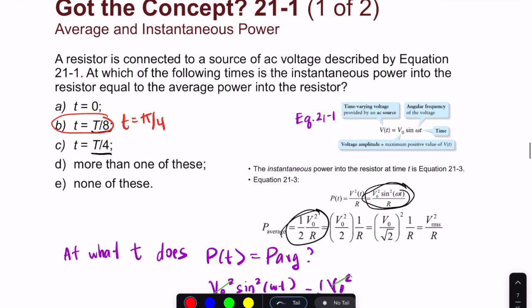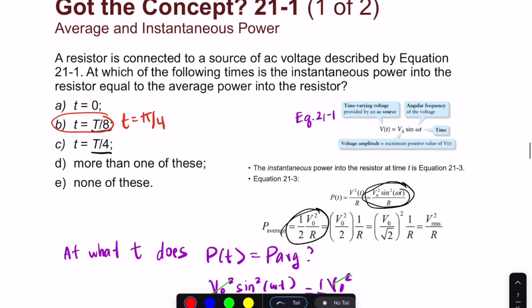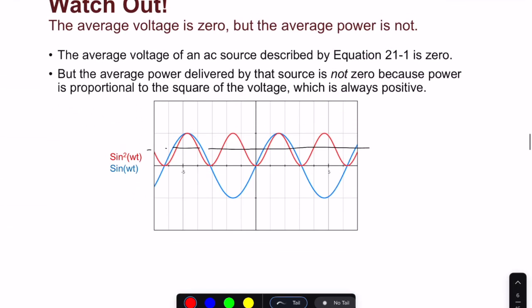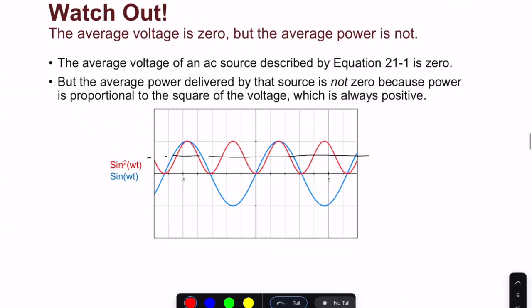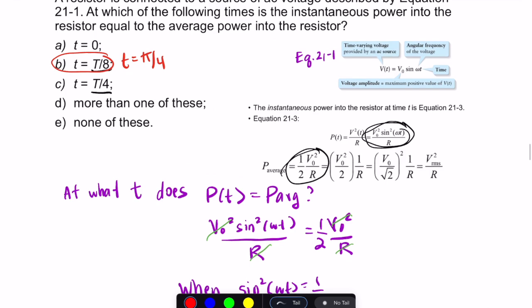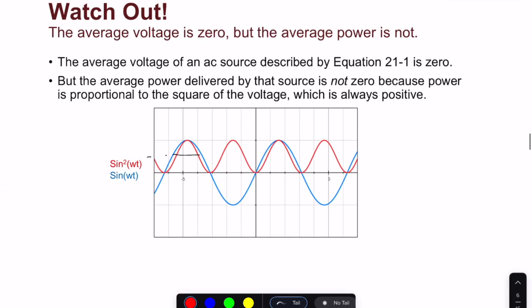There's a graphical way that you could solve it. So I'm going to use this. This is not the greatest graph of it because of how this graph is divided. Okay. But what you're matching up is you're saying, okay, when is this sine function, sine squared, equal to 1/2, right?